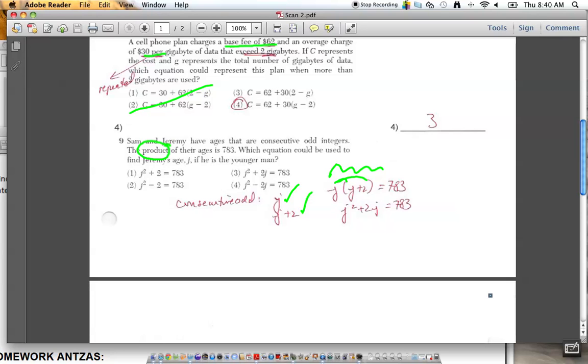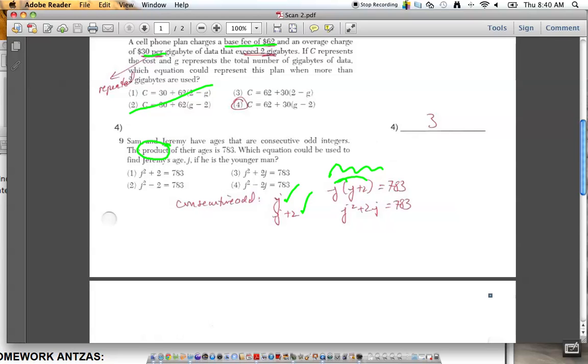So in my mind, I would say to myself, what if I had 5 gigabytes? Remember, it's only for the part that exceeds 2. If I did 5 gigabytes, how much would I be charged for? I wouldn't be charged for all 5. I'm only charged for the part that exceeds 2. How many? 3.